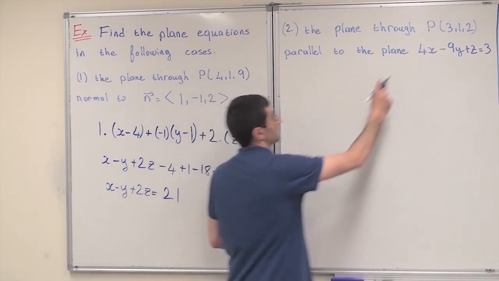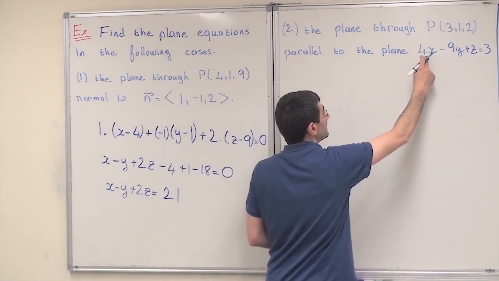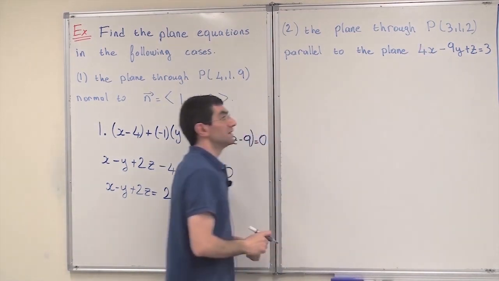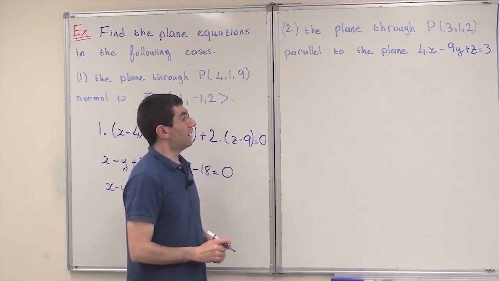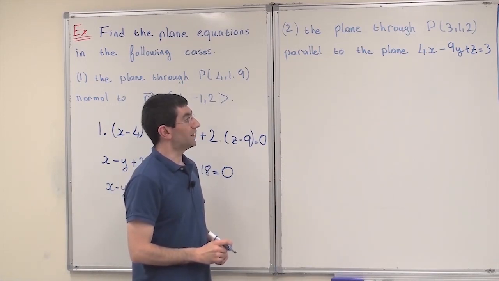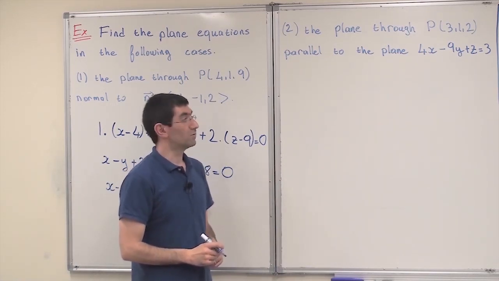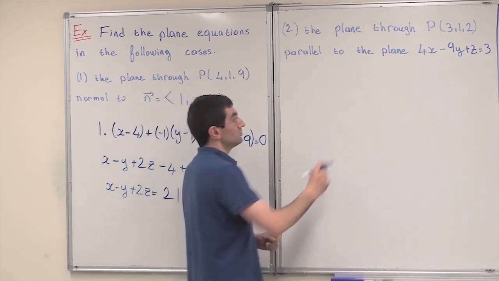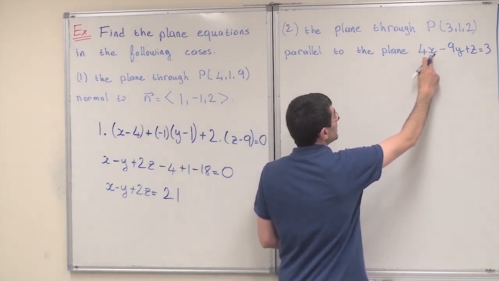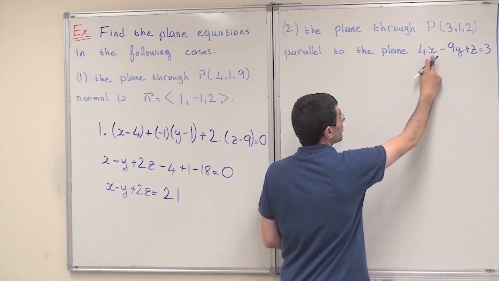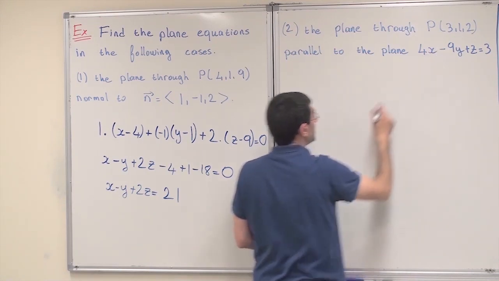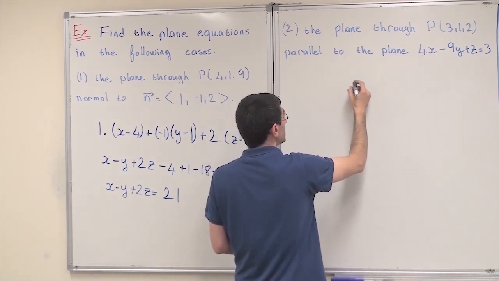We have the point, but we don't have the normal vector. So our first goal is to find the normal vector of our plane. To do that, I'm going to use the plane which is given in the question. I know that this plane is parallel to the plane that I'm looking for.